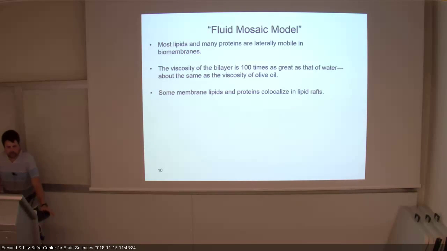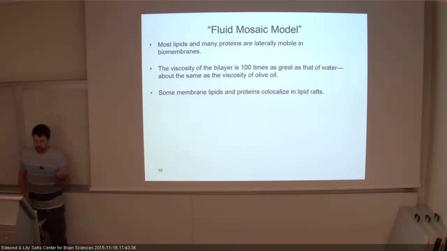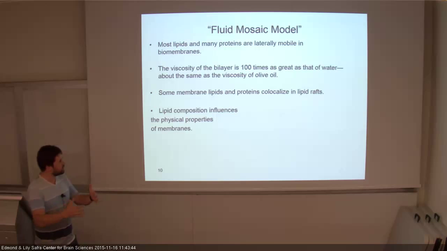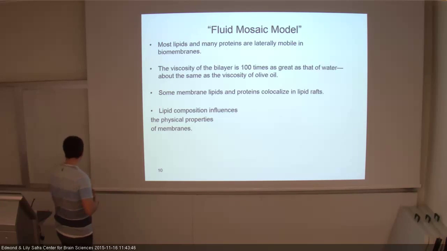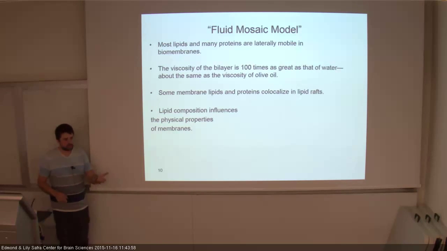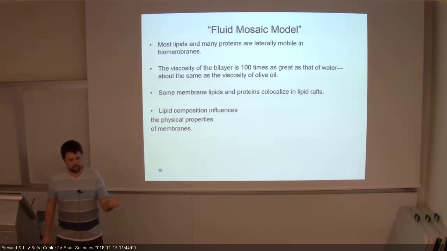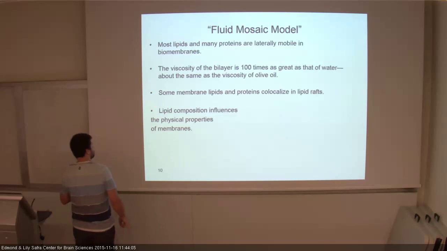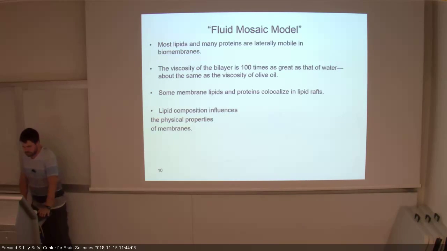And you have some compartments in the membrane that we would term lipid rafts, just large areas of proteins that are floating around in the area of the membrane. And obviously the lipid composition influences the physical properties of the membrane, meaning if you have more cholesterol, less cholesterol, more of one type of lipid and more of a second type of lipid, you'll have different physical properties of the membranes.